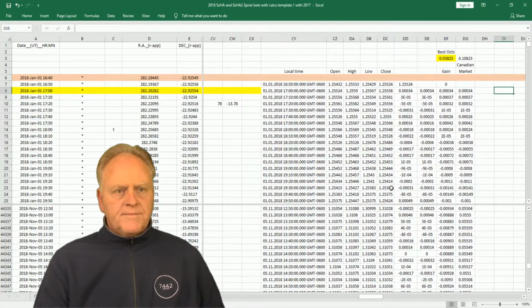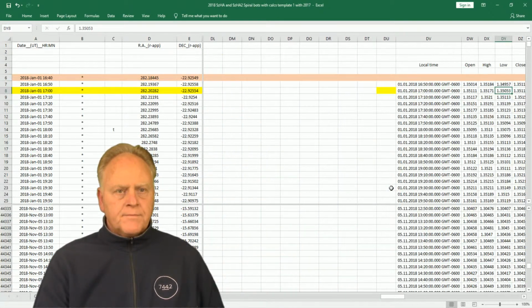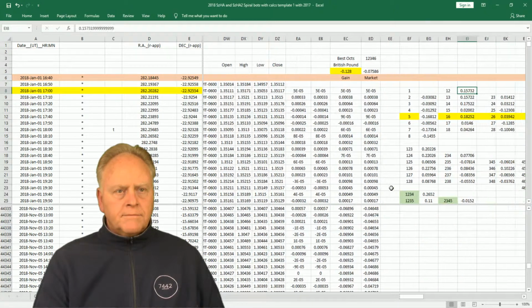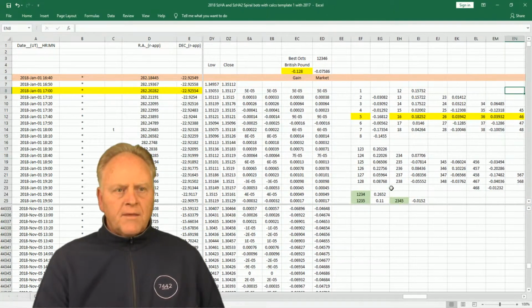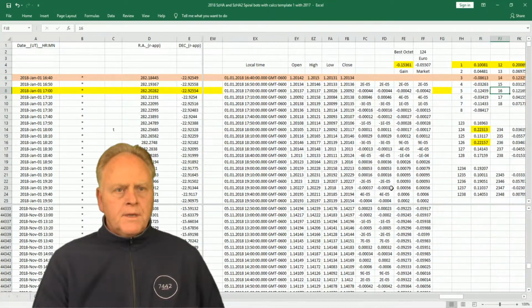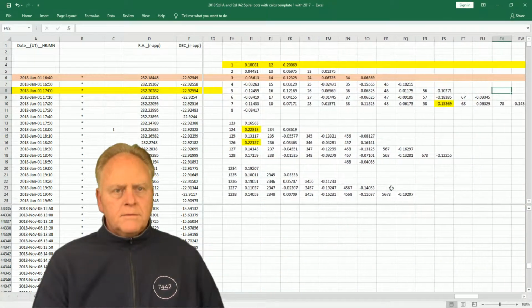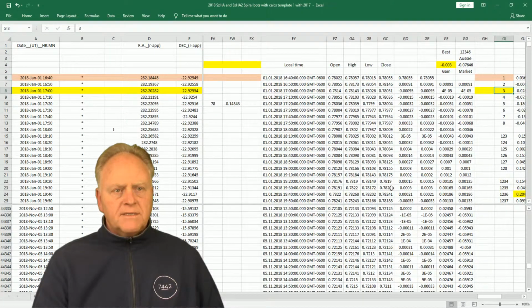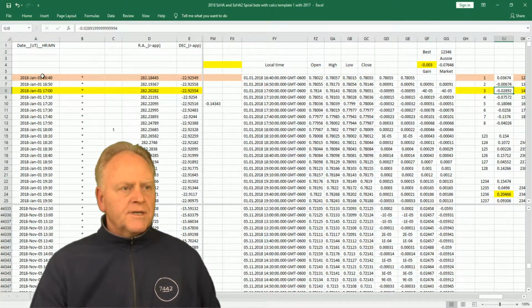So British pound, there's a Canadian dollar, the other one was the pound yen spread, and then the euro, and the last one was the Aussie. So I just replicated, made sure that all the data matched again.